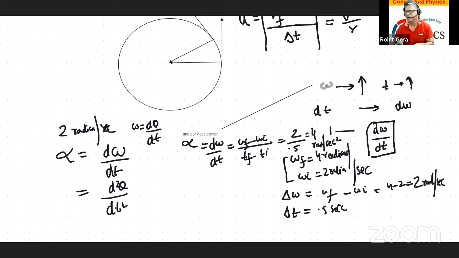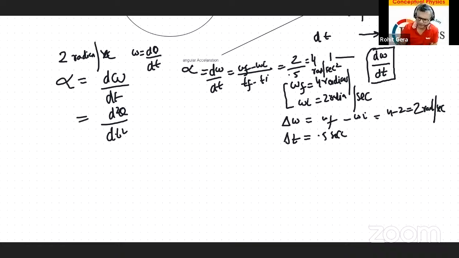So if you're given an equation which is theta is equal to 3t cube minus 2t square plus 5t plus 6, and you're asked to calculate the angular velocity omega at t is equal to maybe 1 second.